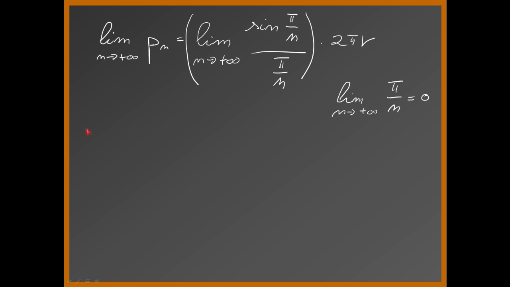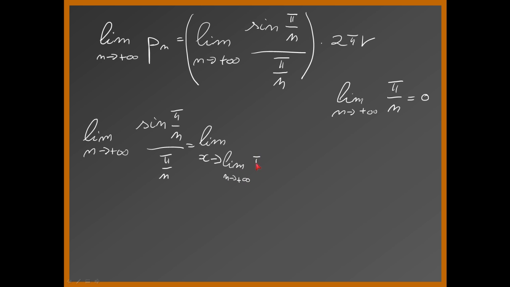Then, by using the rule of the limit of a composite function, we obtain that the limit as n approaches plus infinity of the sine of pi over n divided by pi over n is equal to the limit as x approaches the limit as n approaches plus infinity of pi over n of sine of x over x.